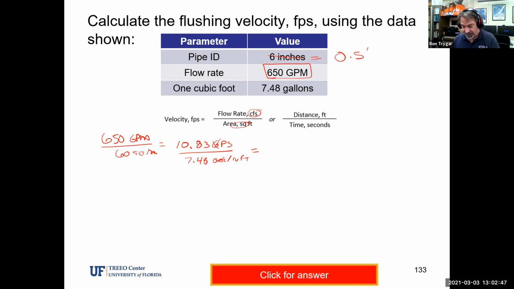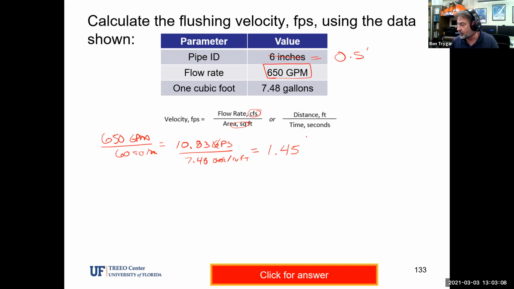So 10.83 divided by 7.48. Right now I have my calculator showing 1.44786. How about we go to 1.45? We'll round off a little bit here, and we'll say 1.45. And what are my units now?